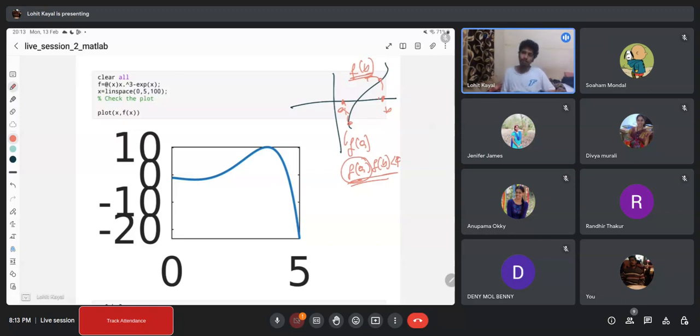So obviously the first guess will be a plus b by 2, then we get somewhere around here. Suppose this point is c. Then I calculate fa into fc. If it is greater than 0, that means fb and fc, here for this particular toy example, fb and fc will have the same sign, because fc is greater than 0, fb is greater than 0.